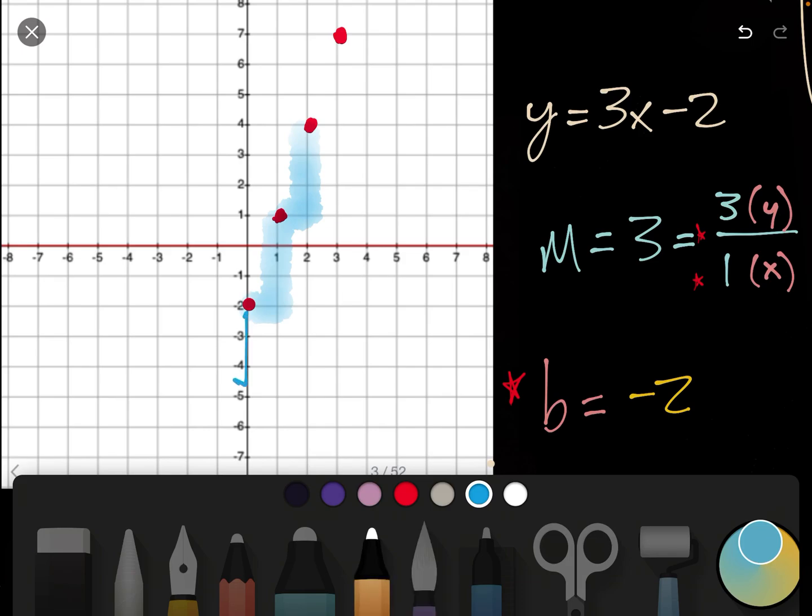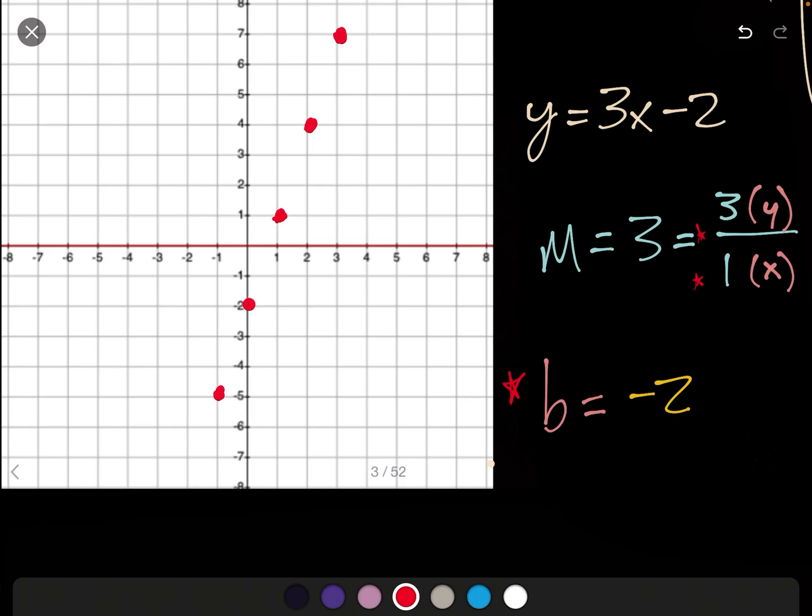I can go down 3 and left 1, and that would give me another point along our graph. Minus 3, minus 1 would be right here. Minus 3, minus 1 would be right here. And now I have all the points that I could possibly have.